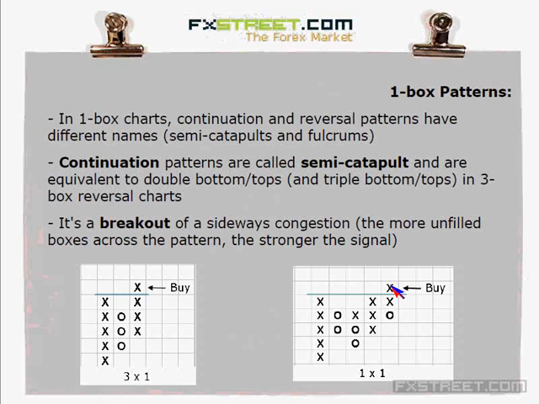The same price action printed on 1 box reversal, okay, is translated into that price action here. We see that there are more unfilled boxes in between, okay, and the more unfilled boxes a 1 box pattern has, or a 1 box congestion shows, then the stronger the breakout signal will be. Okay, this represents this ascending move here, and a correction in that case of 2 boxes.